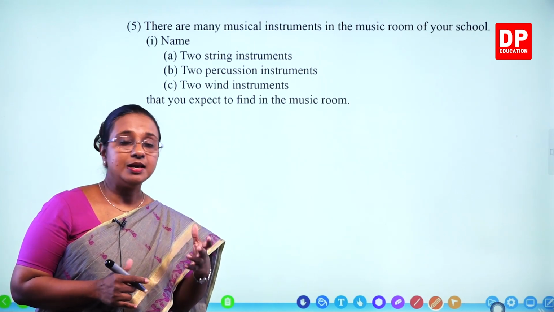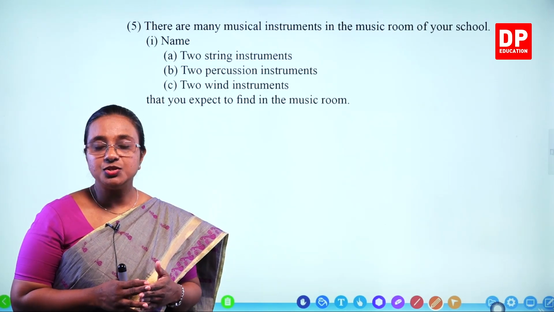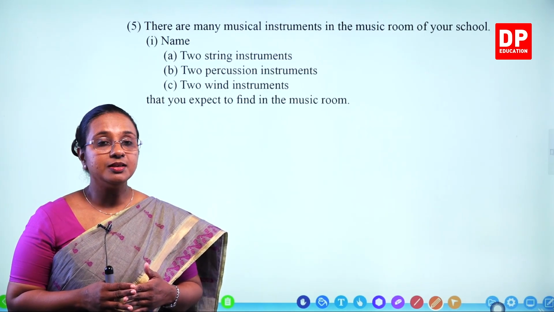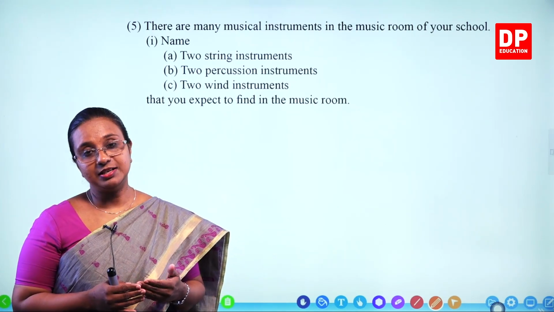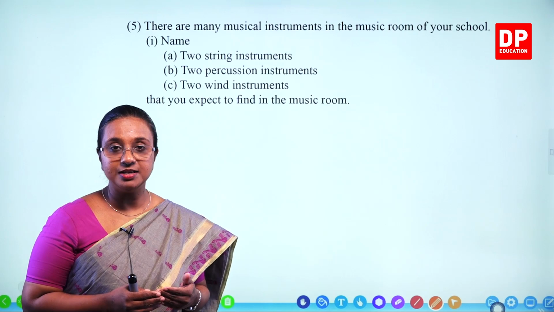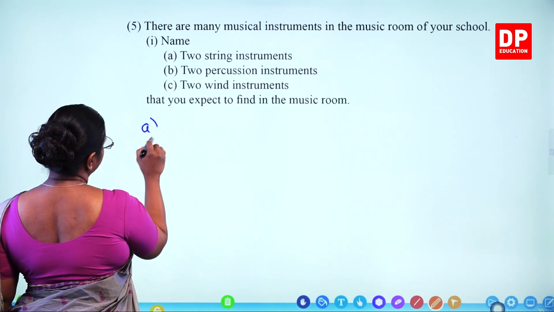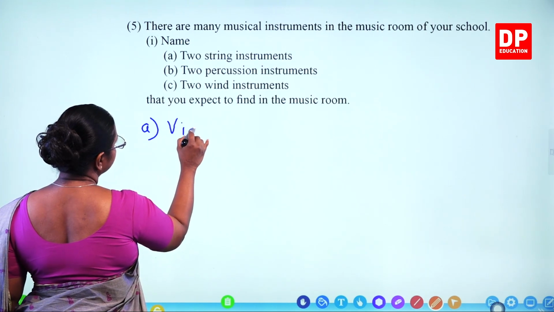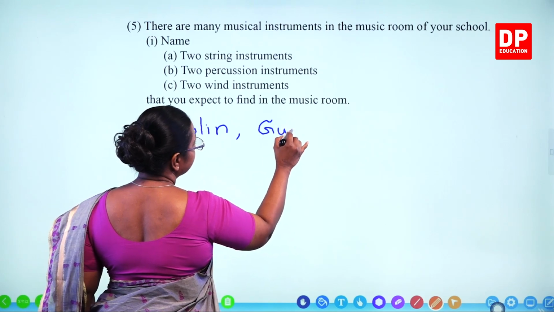You can name many instruments. Out of those, the ones you commonly find in school, we can consider violin and even a guitar can be found in school. So, for string instruments, I will write the instruments as violin and guitar.